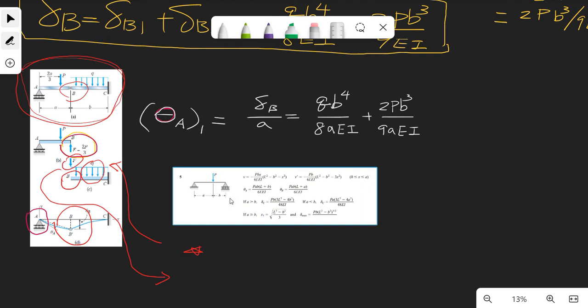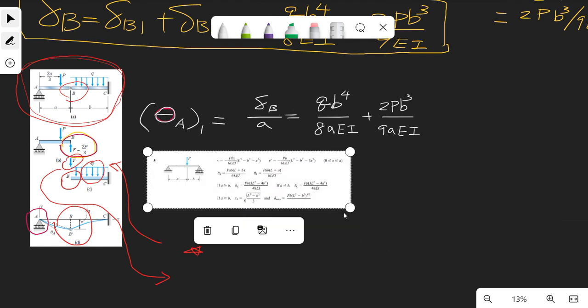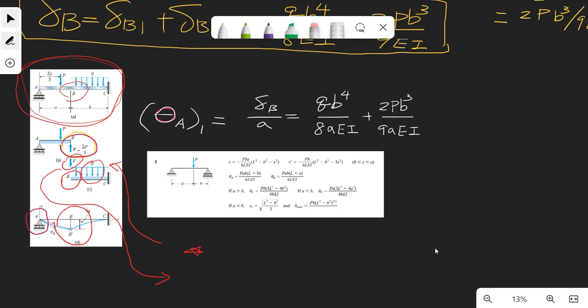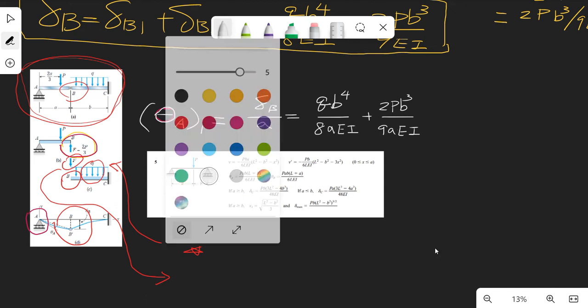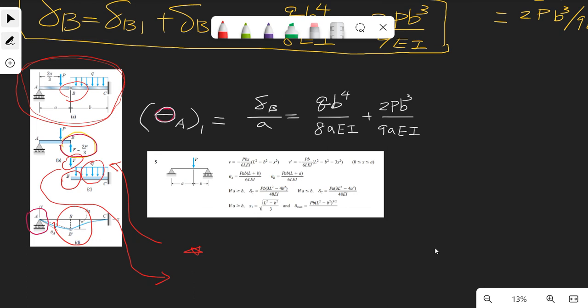Partition 2 is from the appendix, from the deflection table, because partition 2 is due to the concentrated load P.